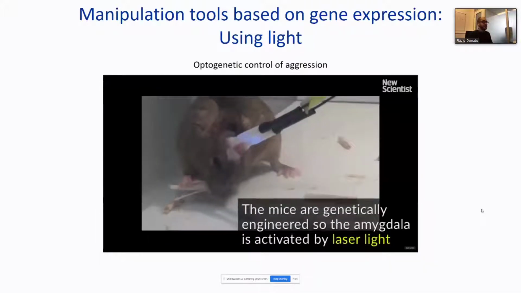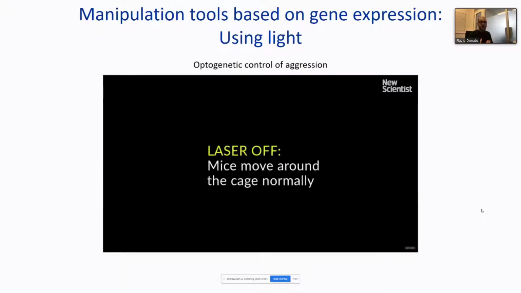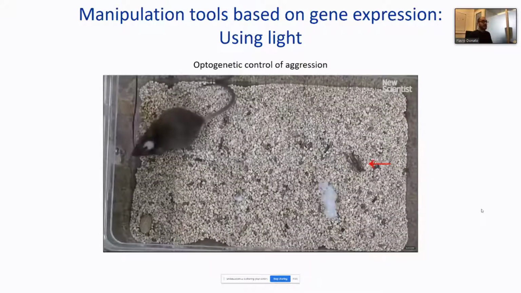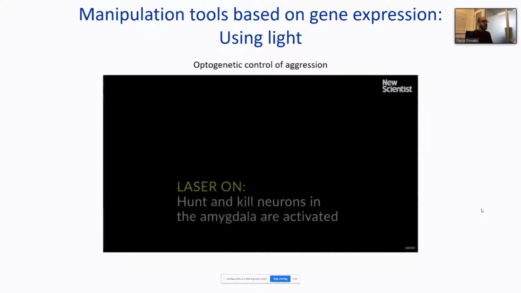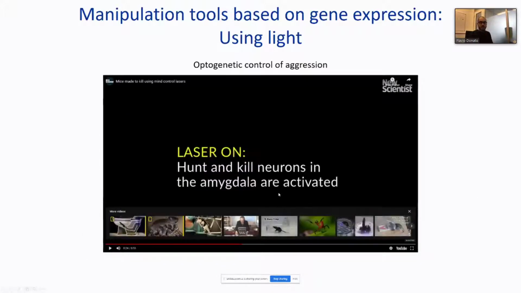In these studies, you have an area of the brain in which people hypothesize there were neurons that, when active, were responsible for activating aggressive responses in mice. The neurons that were hypothesized to be responsible for aggression in mice were transduced with channelrhodopsin, so they express channelrhodopsin.